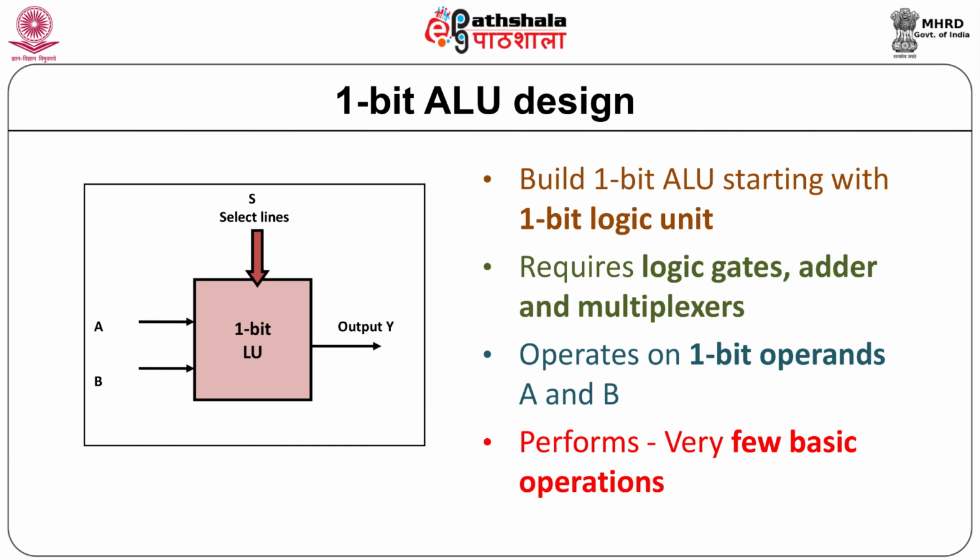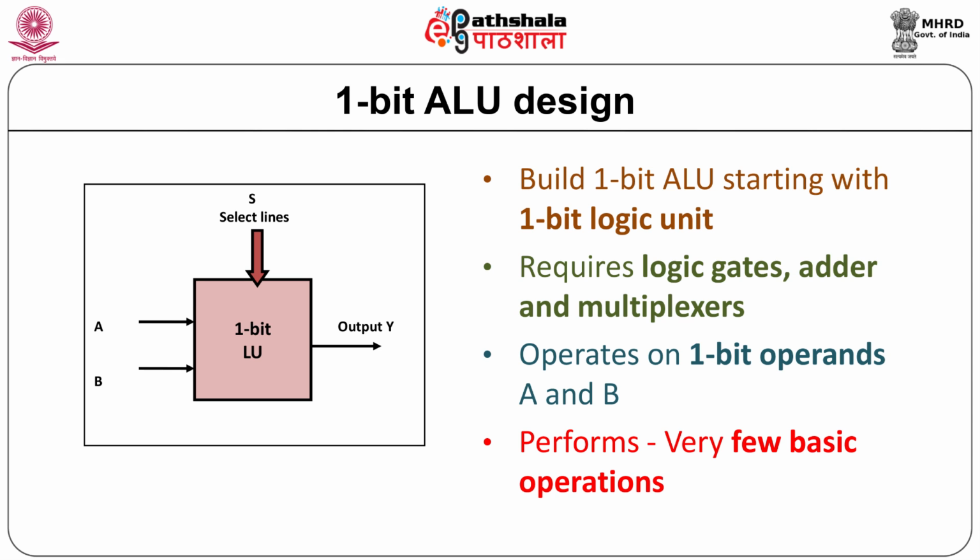The design begins with building a 1-bit ALU version. This 1-bit ALU can be built from logic gates, adder and multiplexer. Such 1-bit ALUs can be combined together to get an n-bit ALU. Let us first build the logic unit and then combine the arithmetic block into it to make an ALU.